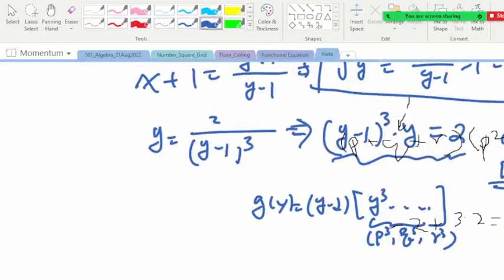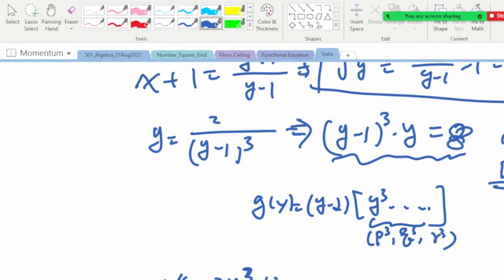Okay, now let's do it. So I expand it. If we expand this one, I'm sorry, here's 8. So it's y to the fourth minus 3y cube plus 3y squared minus y minus 8 equals 0.